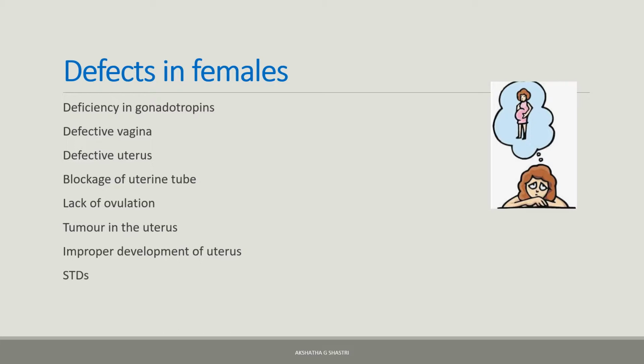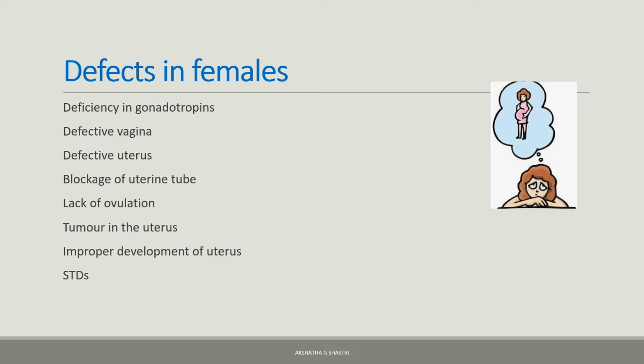Next is defective uterus, a congenital uterine abnormality, which is found from the fetus itself. These defects can be seen only before birth.